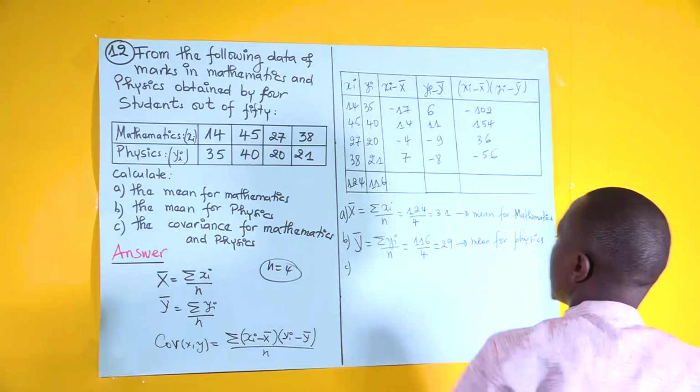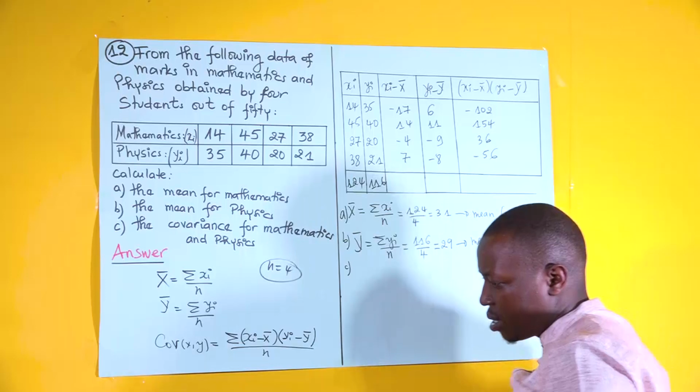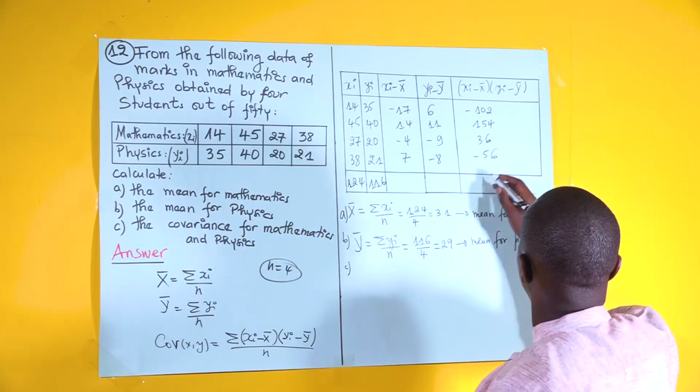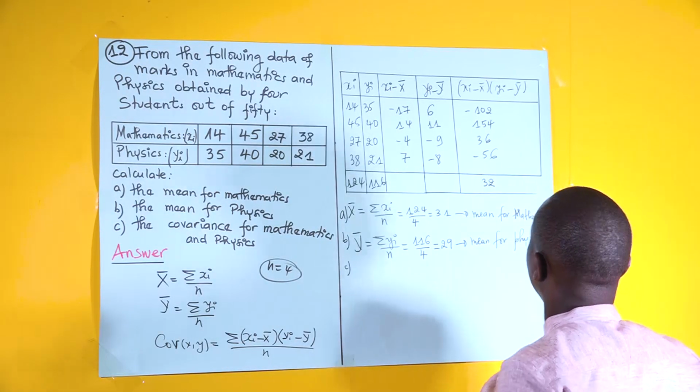When you add these numbers, the summation gives us 32.